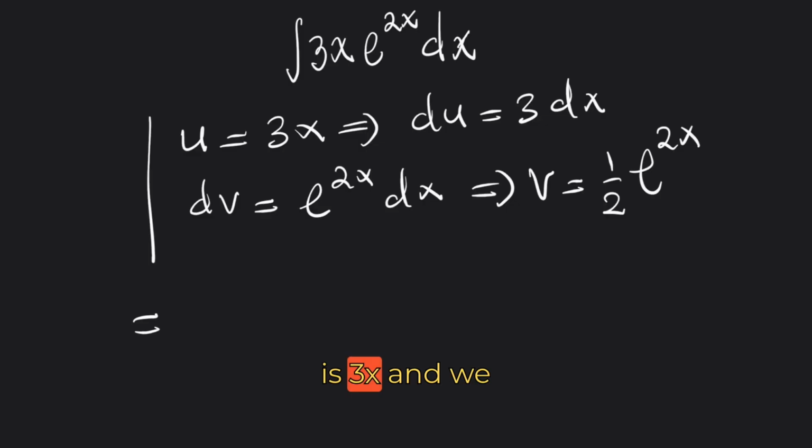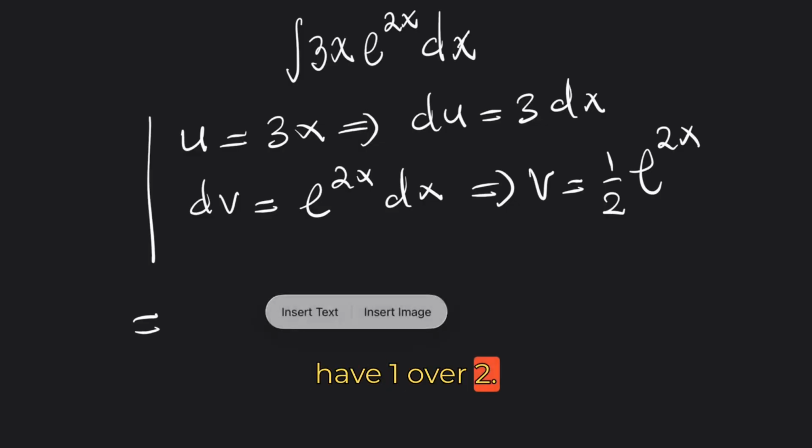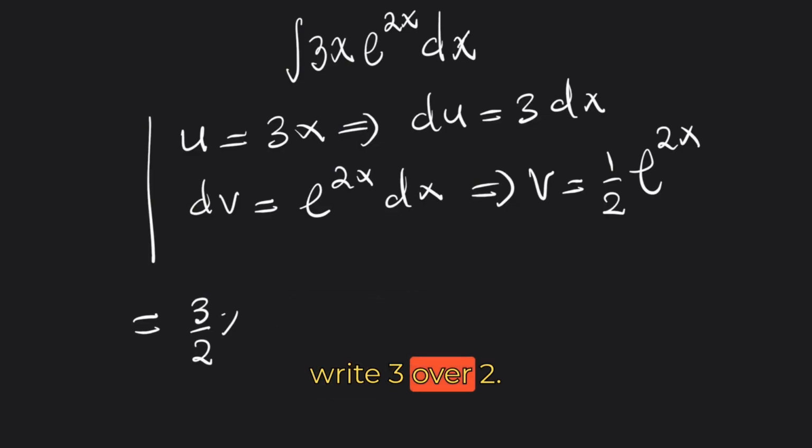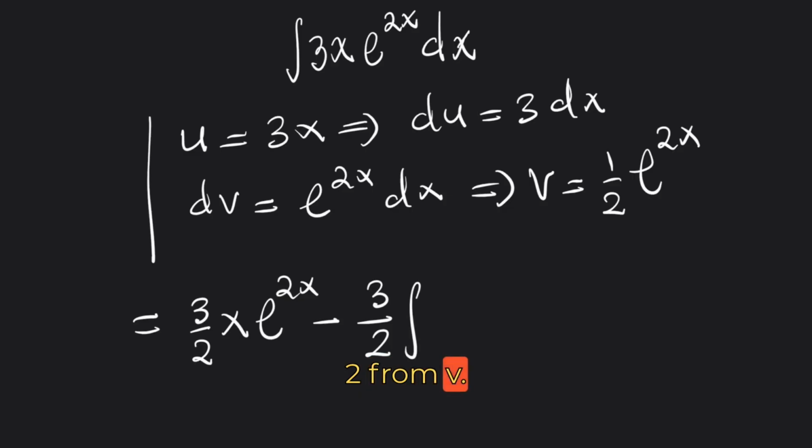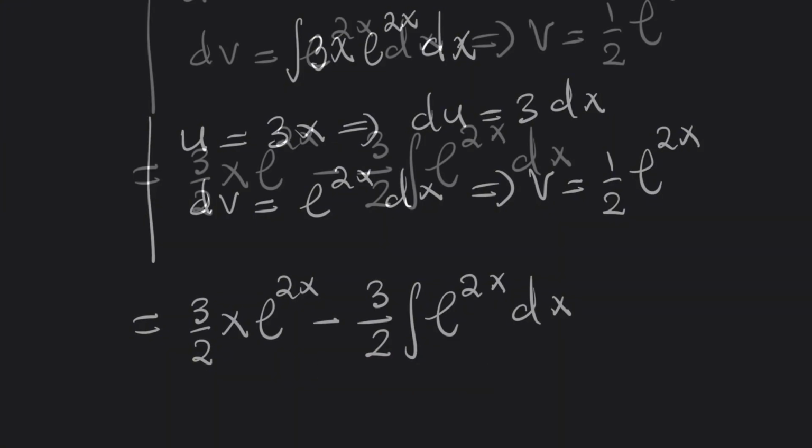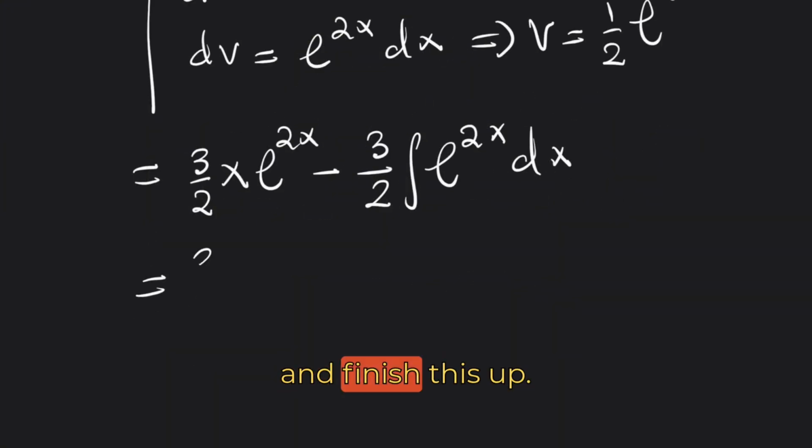So u is 3x and we have 1 over 2, so we can just write 3 over 2 x e to the 2x, minus du is 3 dx, so I write 3 over 2 from v. Then this is the integral of e to the 2x with respect to x. Now we can go ahead and finish this up.